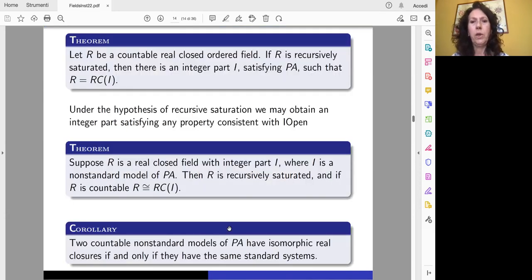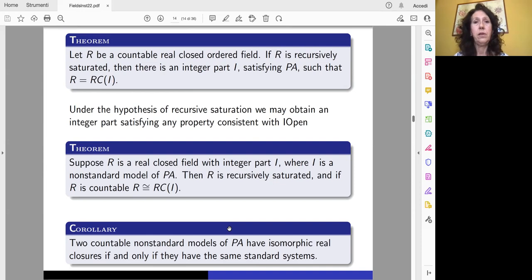The results that we got with Julia Knight and Sergei Starchenko, I can summarize in the following way. If R is a countable real closed ordered field, and R is recursively saturated, then there is an integer part which is a model of PA.